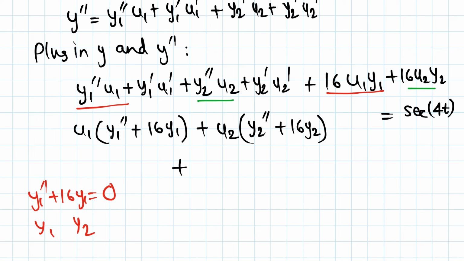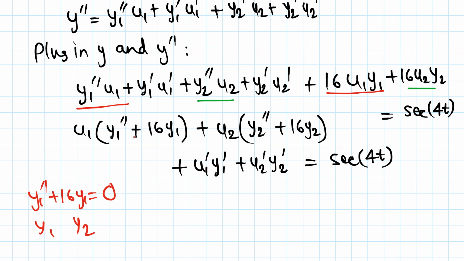Plus what is the remaining now? Here I'll write u1 first, so u1 prime y1 prime, and here plus u2 prime y2 prime, and the right hand side is secant of 4t. Now this one goes to 0 because y1 is a solution of this homogeneous, and same thing here.